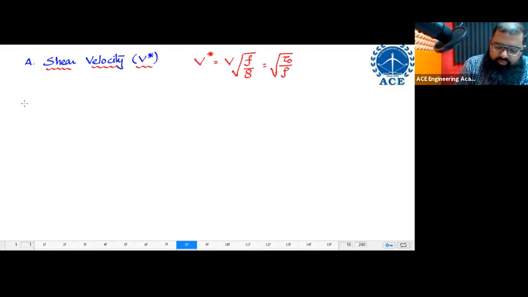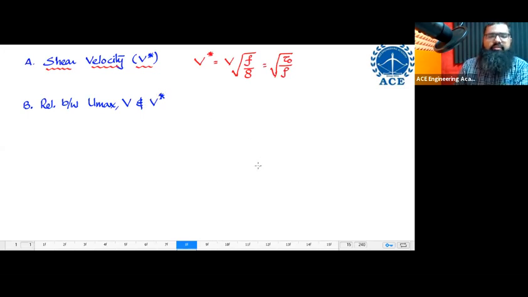The second formula is a relationship between U maximum, V and V star.